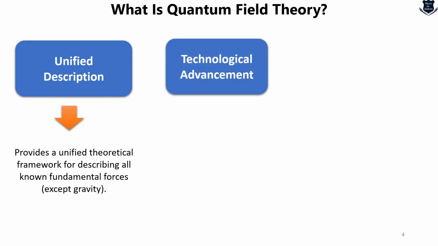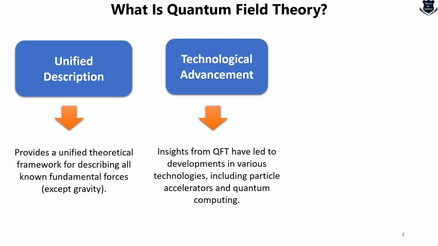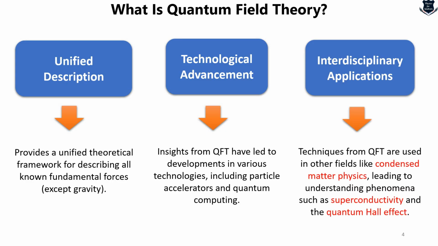The second thing is technological advancement, because as you see in recent research also, quantum field theory is helping develop a lot of technological advancements, including quantum cryptography, quantum computing, and a lot of other quantum phenomena. And the third is that there are a lot of interdisciplinary applications.